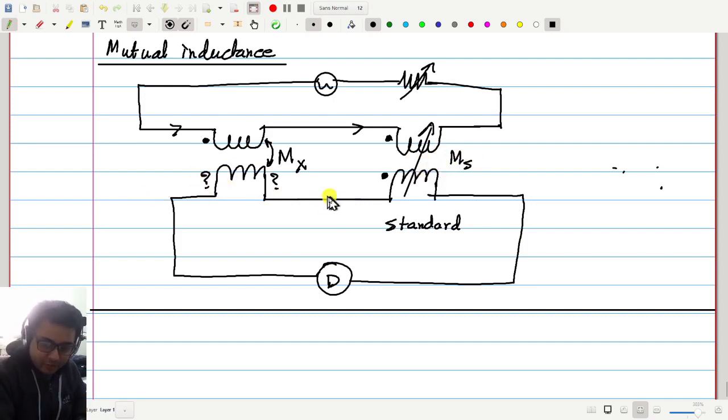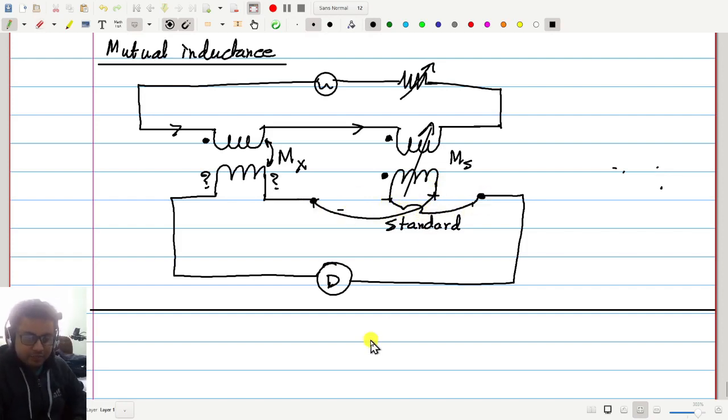But then if I reverse the connection, okay, suppose... very difficult. Okay, all I want to connect, sorry, is this to go here and this to go there.